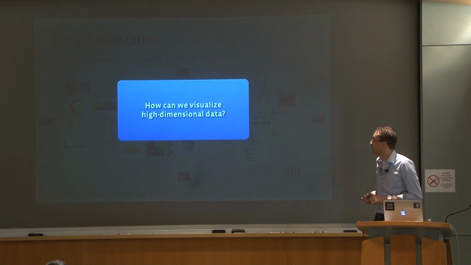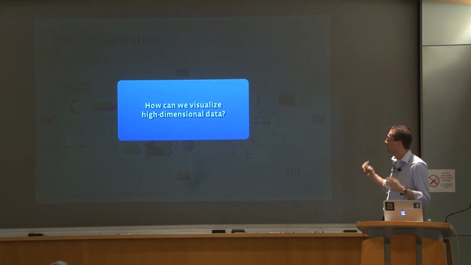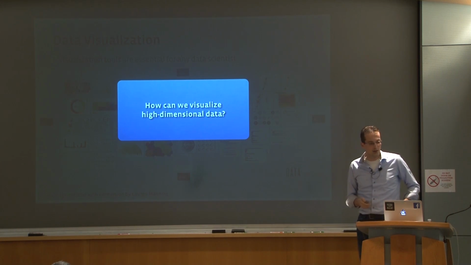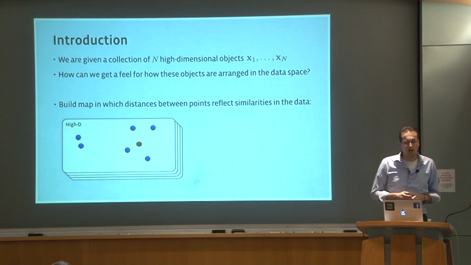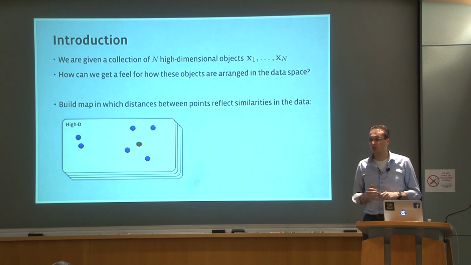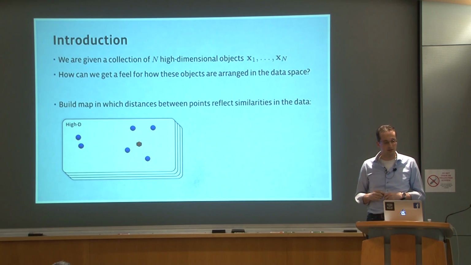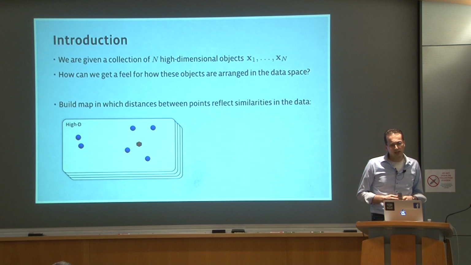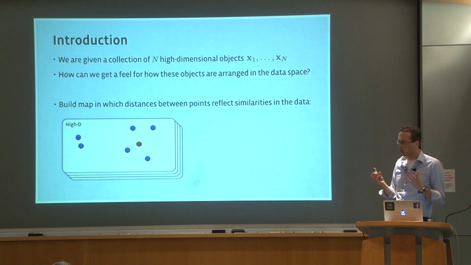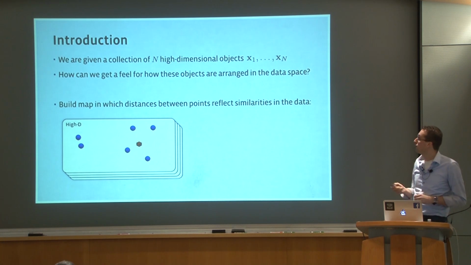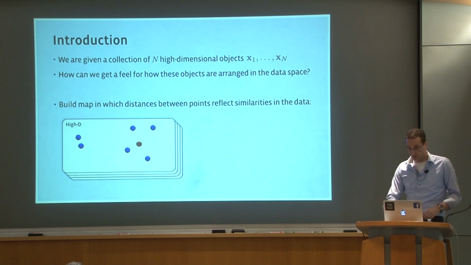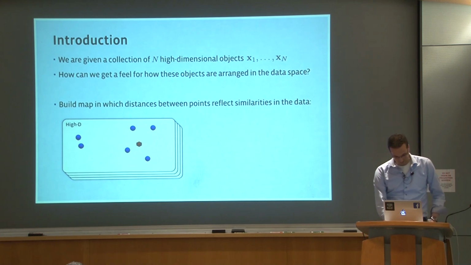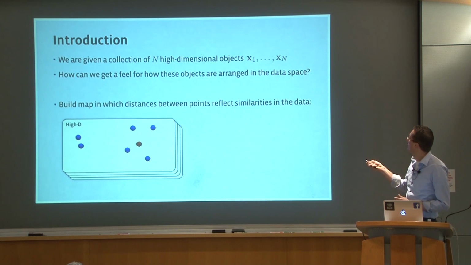So the question I'm asking in this work is, how can we visualize high-dimensional data? The idea that I've been working on, and also a lot of other people, Lawrence Saul being one of the pioneers in this area, is to learn an embedding. What do I mean by that? Let's say we are given a set of n high-dimensional objects, let's call them x1 to xn.